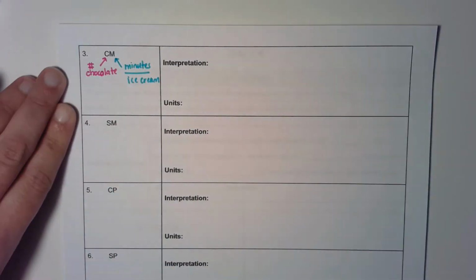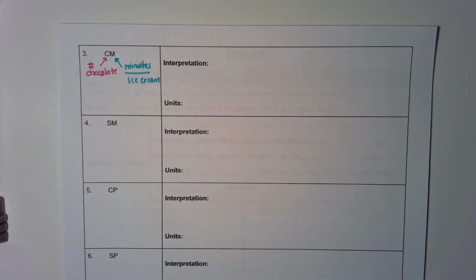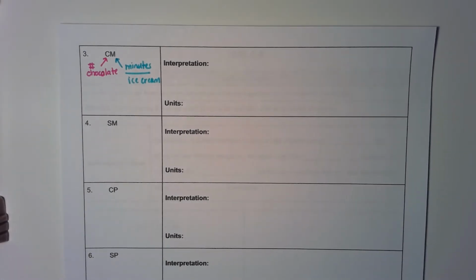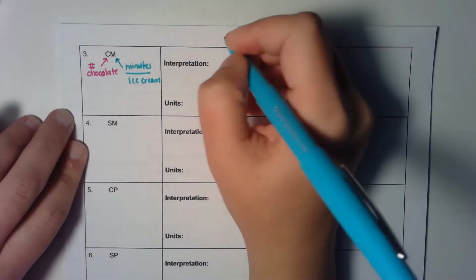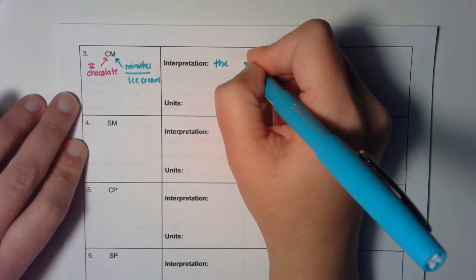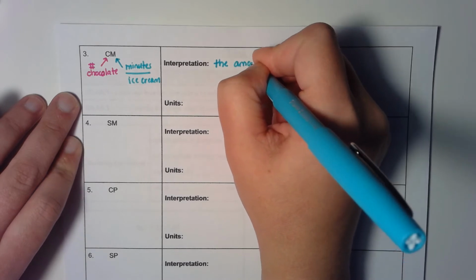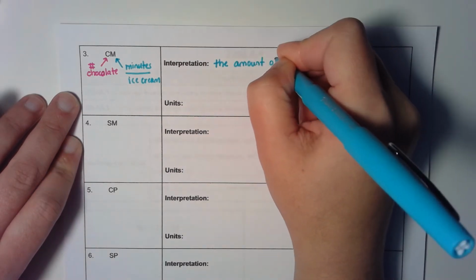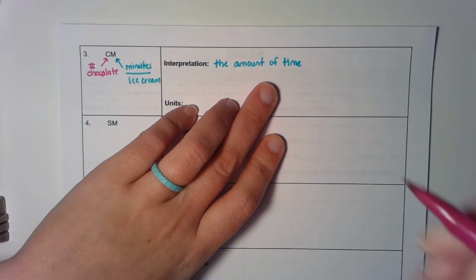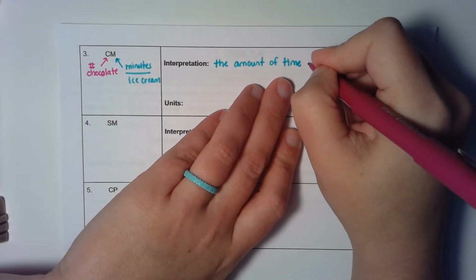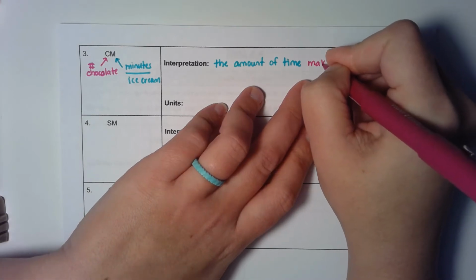In other words, now we're talking about time because we're multiplying by minutes here. So the interpretation would be the number of minutes or the amount of time that we spend making chocolate ice cream.